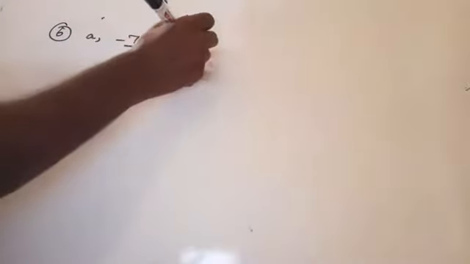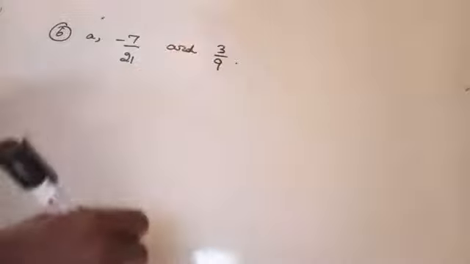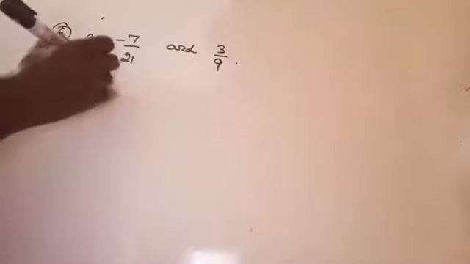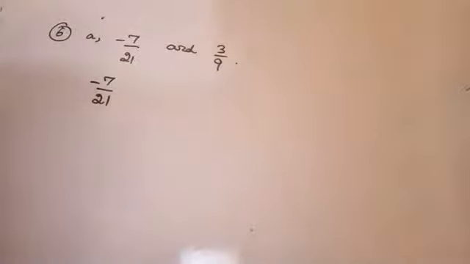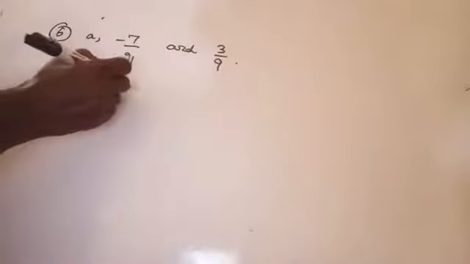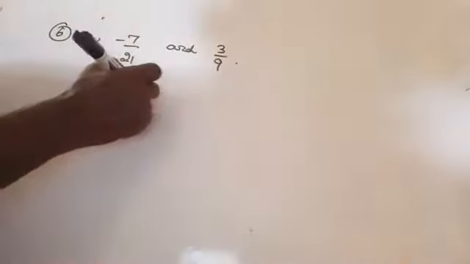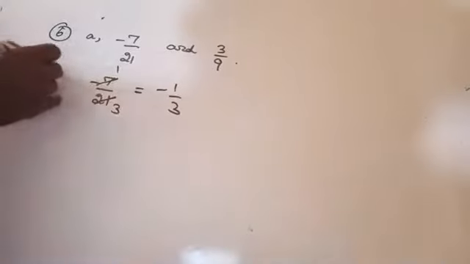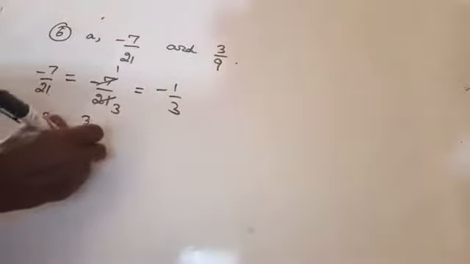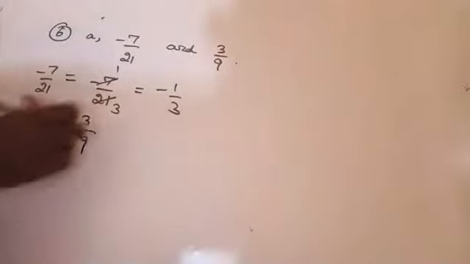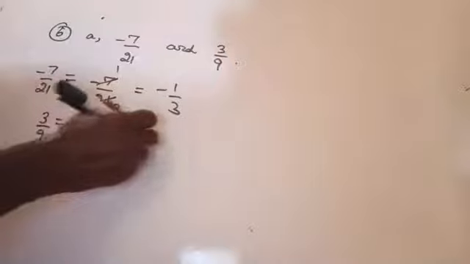Now, the first one, question number 6, first part: minus 7 by 21 and 3 by 9. First you can reduce into the lowest form. Minus 7 by 21 goes with the 7 table. 1 7 is 7, 3 7s are 21. Then it is minus 1 by 3. And 3 by 9 can be written as, which is the common multiple? 3. 3 1s are 3, 3 3s are 9, so 1 by 3.